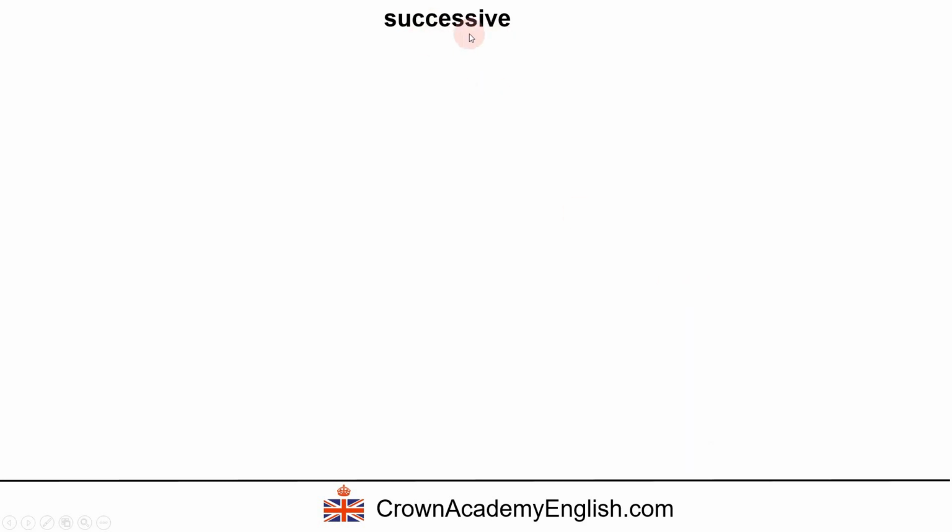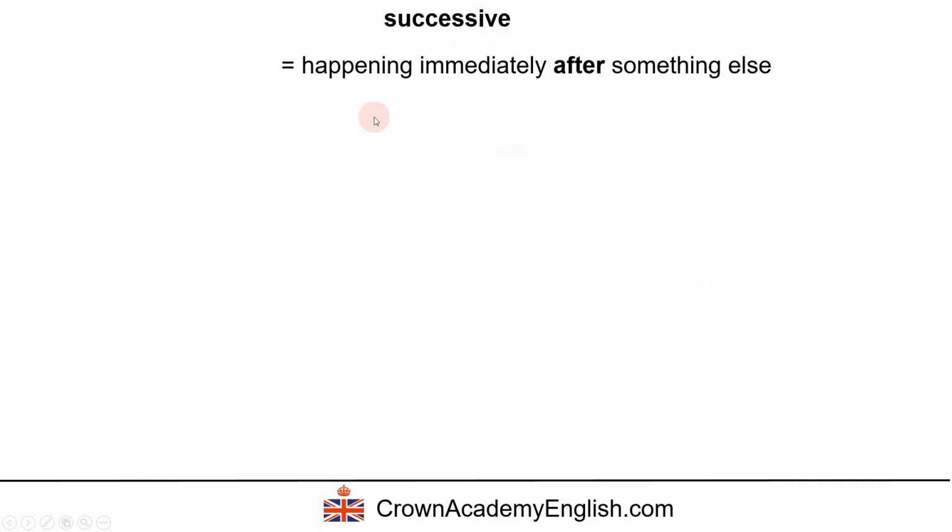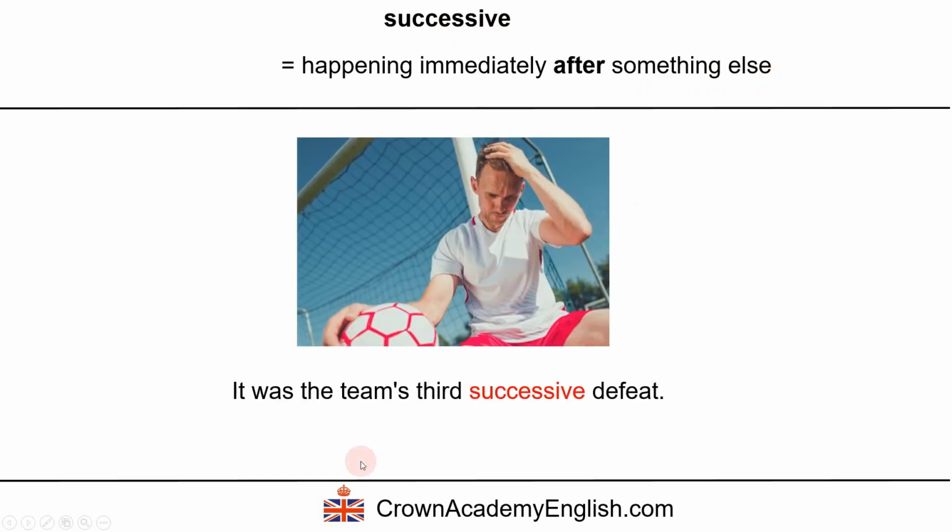Successive. This means happening immediately after something else. It was the team's third successive defeat. Third successive defeat. So this means that they lost one match, and then their next match, they also lost it, and then their third match, they also lost the third match.